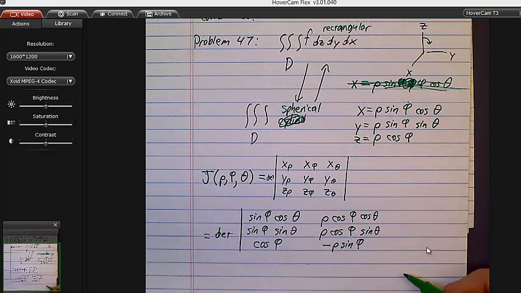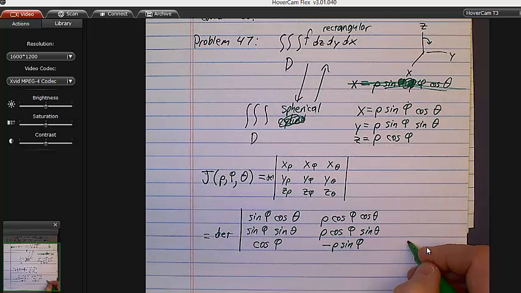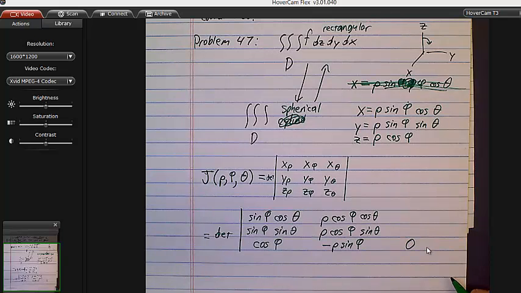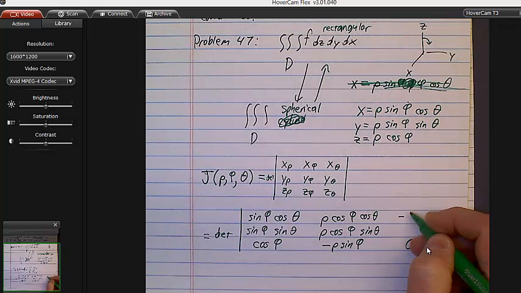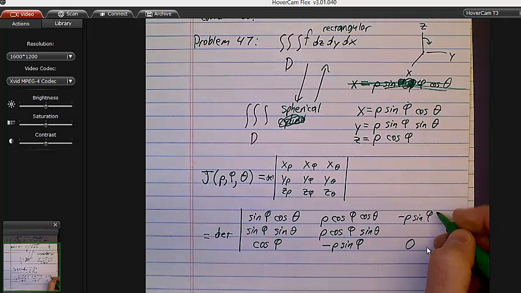And now for the last piece, I'll do the last one. That's 0, because there are no thetas in the z function. And this top one would be negative rho sine phi cosine theta.